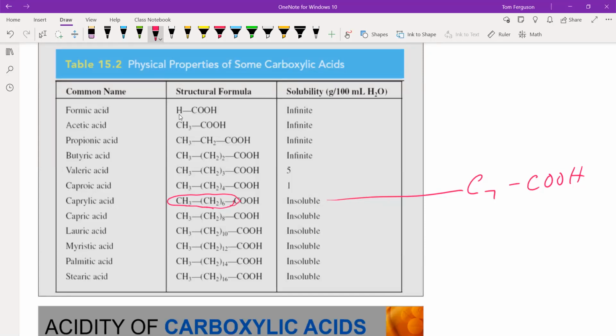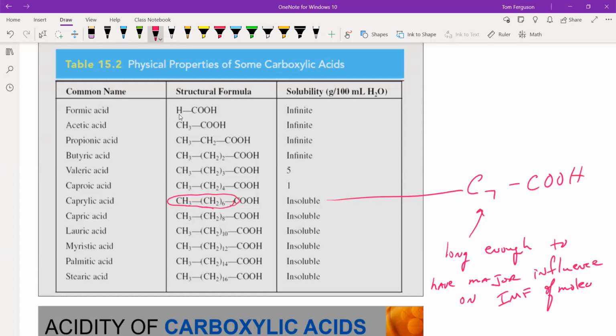And what that means is that C7 is long enough to have a major influence on the intermolecular force of the molecule. So it now becomes non-polar.